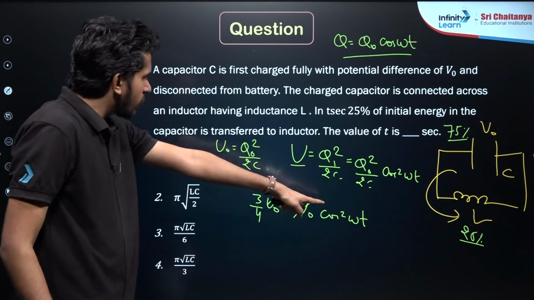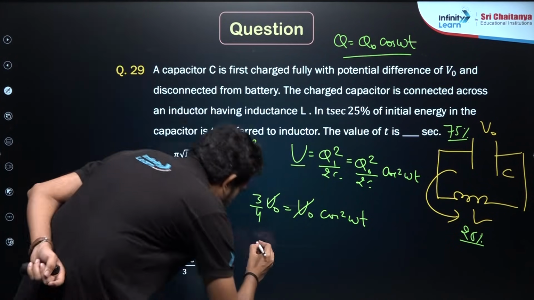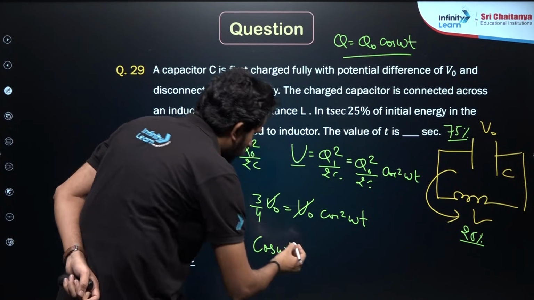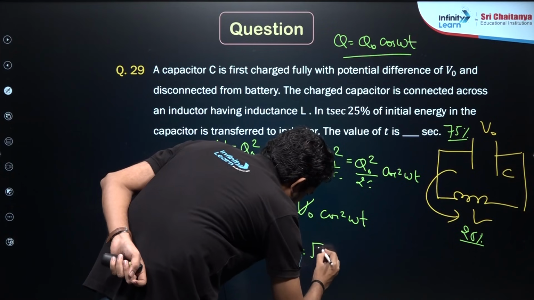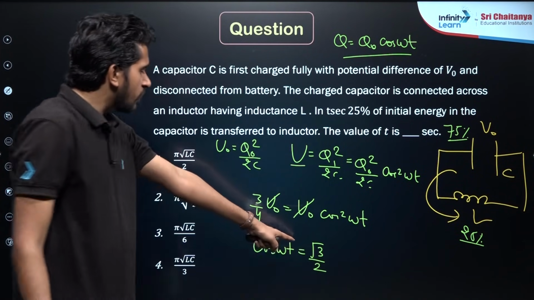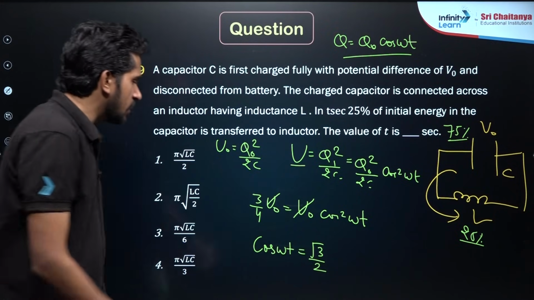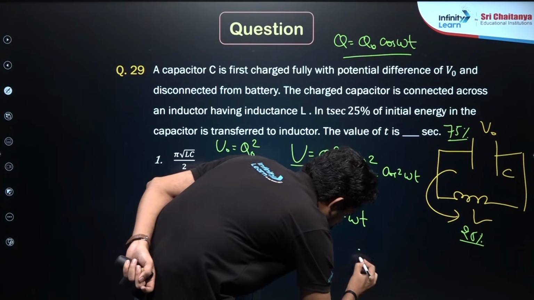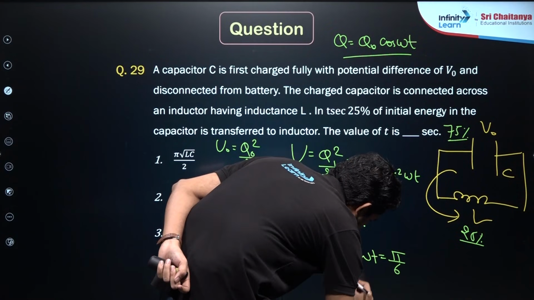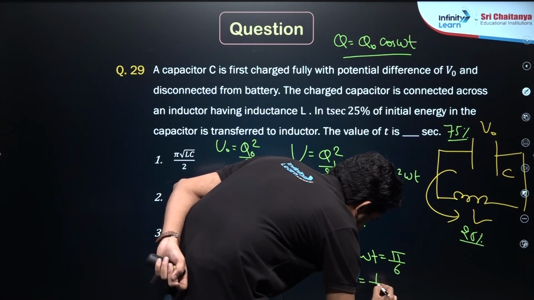Now cos square omega t is 3 by 4. So cos omega t is what? Cos omega t is root 3 by 2. Then this is the value at pi by 6, right? So omega t is pi by 6.